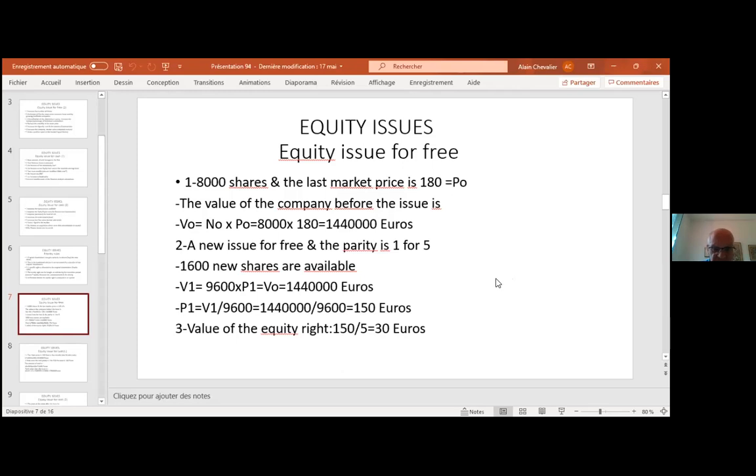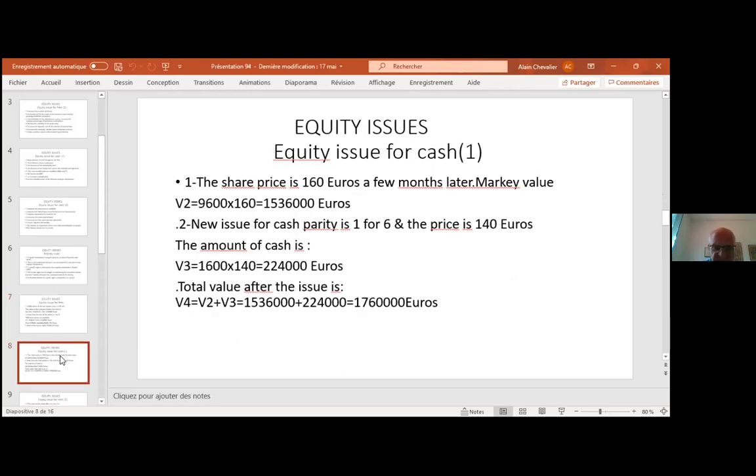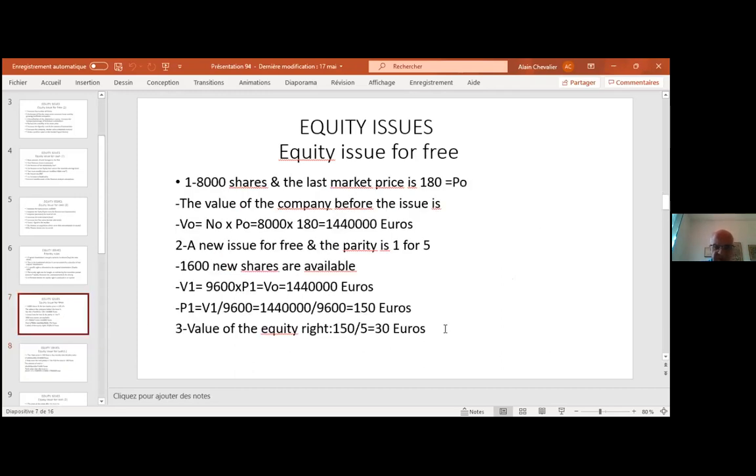And of course, the second question you will raise is about investors who will not get the right number of equity rights, which means a multiple of 5.